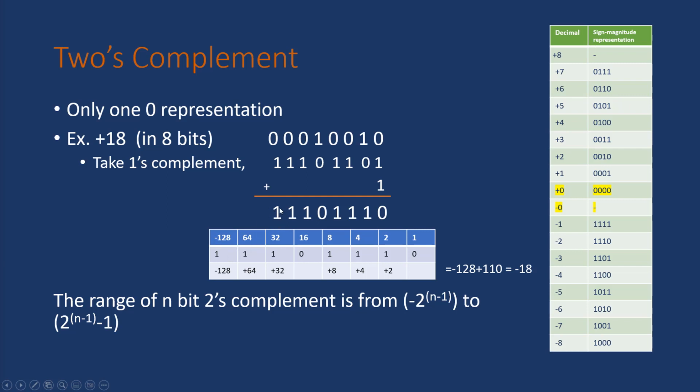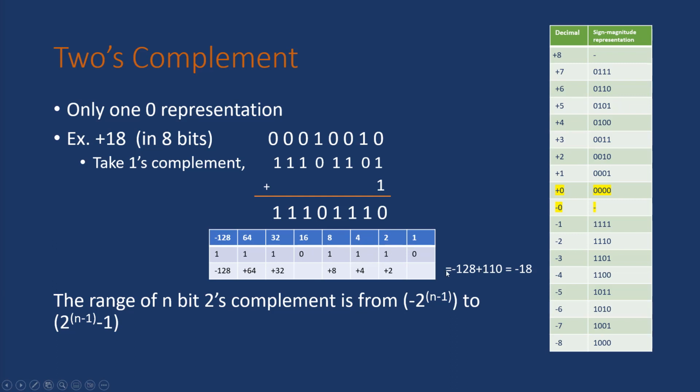Since the most significant bit represents a negative number, here it is 1, so that is minus 128. And this 1 represents 64, 32, 16 is 0, we do not have anything here, at 8, 4, 2.